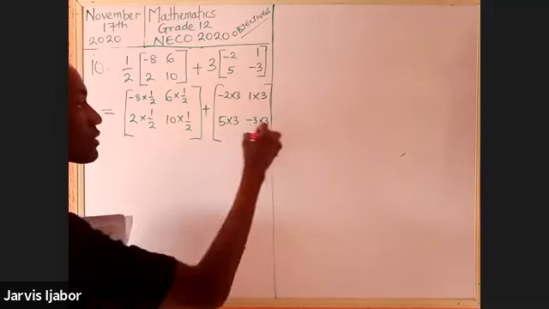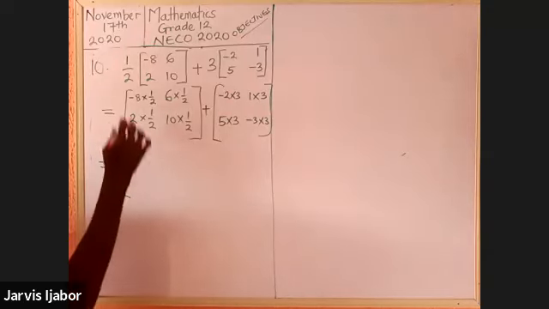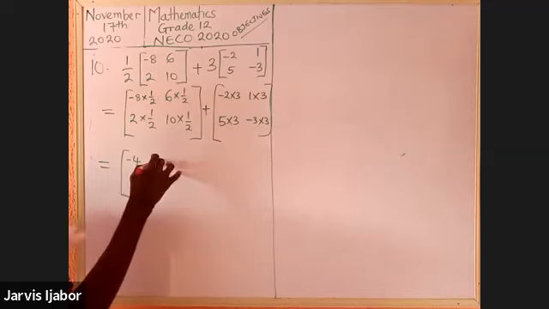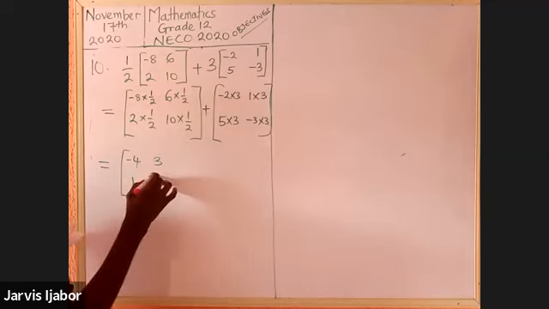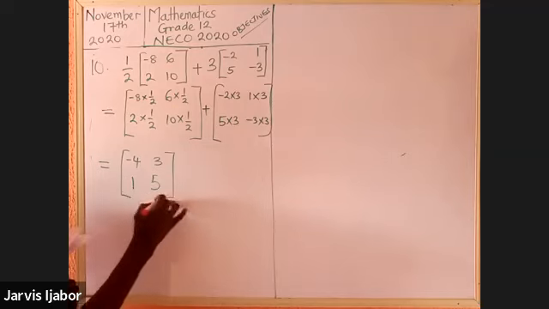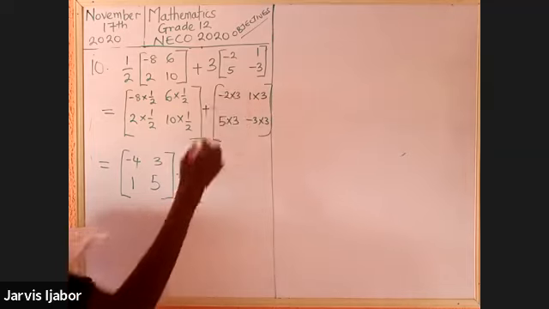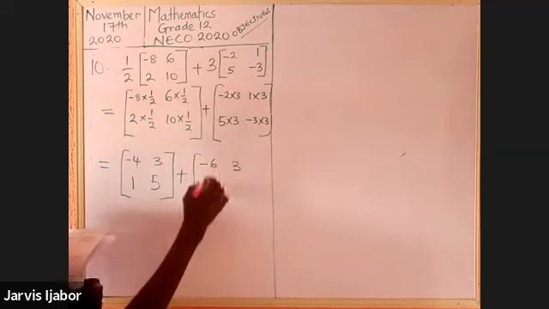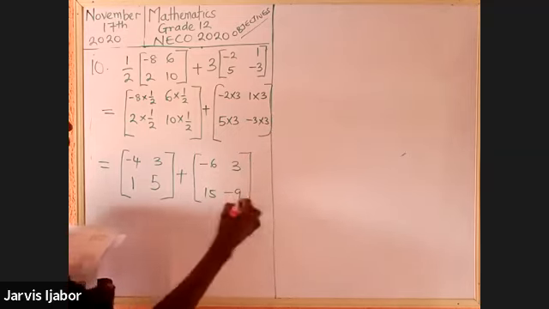Are you seeing that? So the next thing you have will be this. Treat each one of them. -4, 3, 1, 5 plus -6, 3, 15, -9.